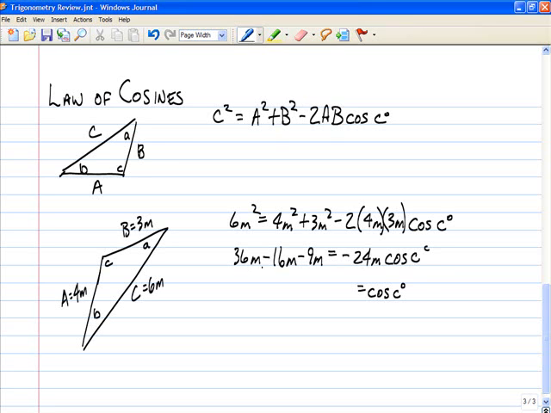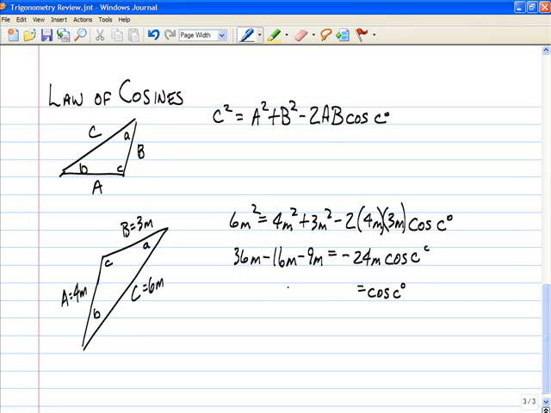Well, let's see, we got 36 and 16 is 42, right? No, sorry, 52. That's not right either. 36 minus 16 leaves you with 20. Minus 9 would be 11, right?